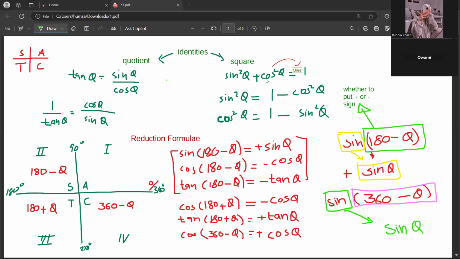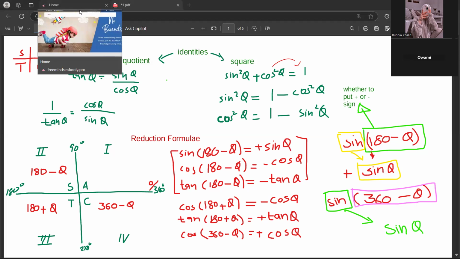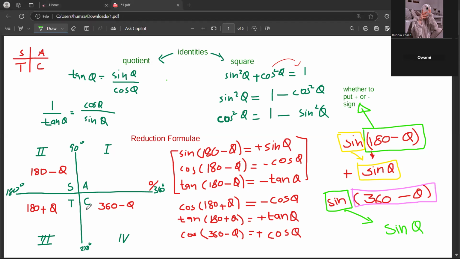And why is that positive? Look at it again. Look at the Cartesian plane where 360 minus theta is on the fourth quadrant. In the fourth quadrant, what trig ratios are positive? Only cos is positive in the fourth quadrant.